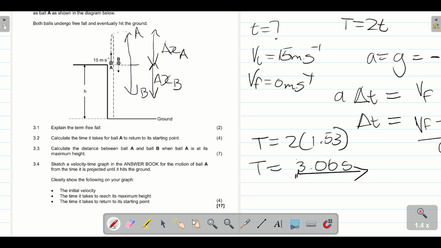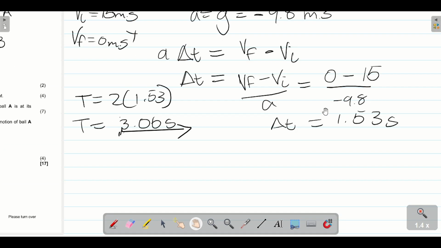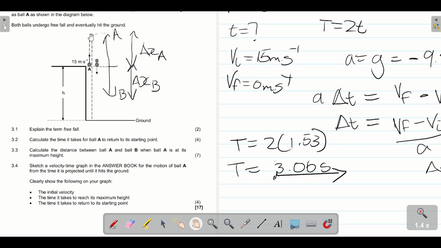So yeah, let's get into that. That's question 3.3. Here's 3.3. I'm going to use the time we used in the previous question, because we know that at 1.53 seconds A reaches its maximum height.